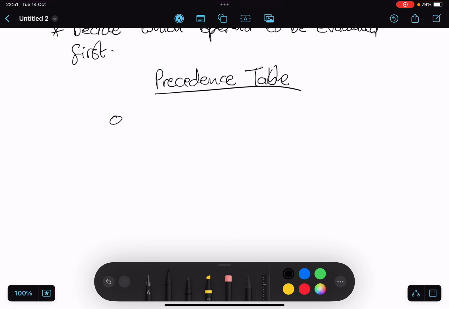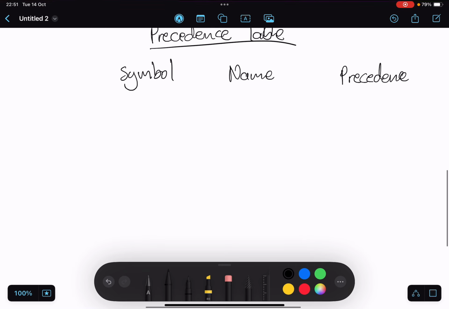With our precedency table, we have the operator, the name of the operator, the symbol of the operator, and then the weight, which is the precedency.